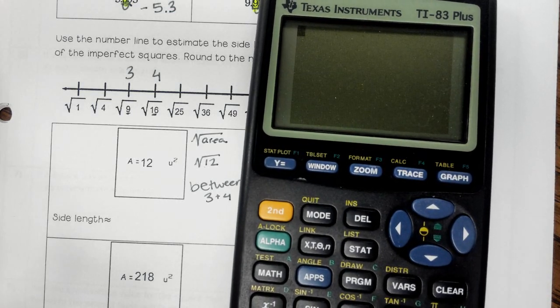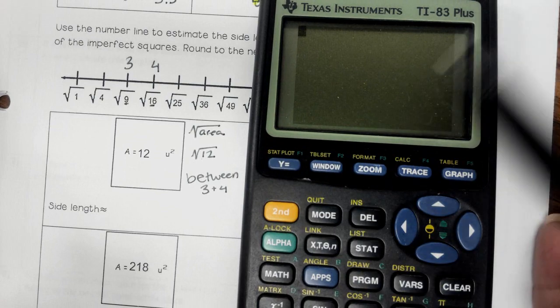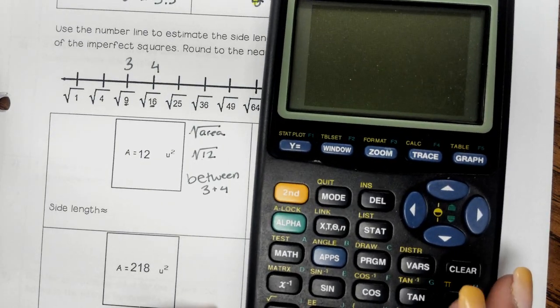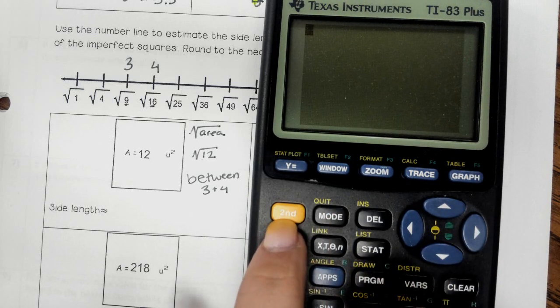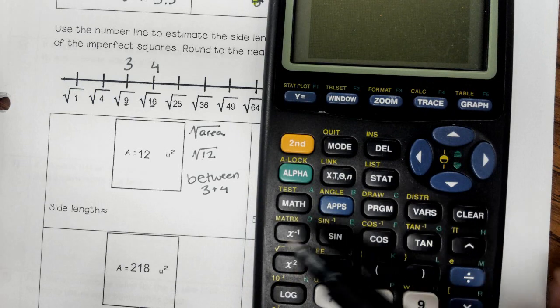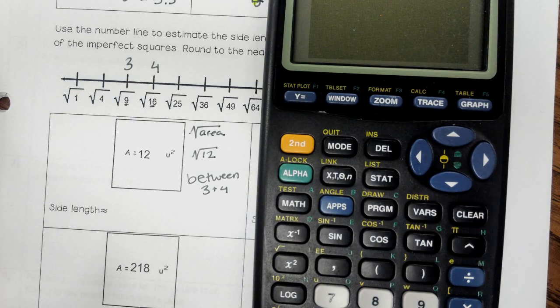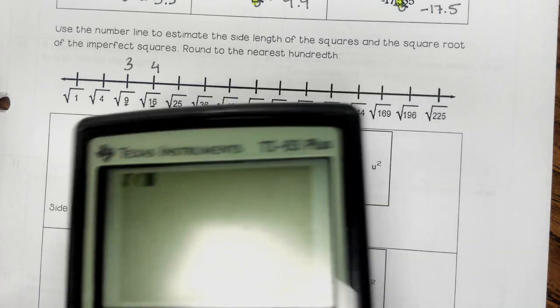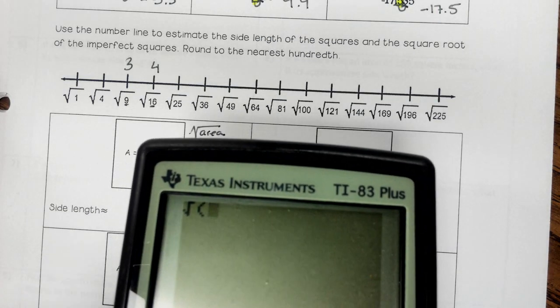The major difference here is that on an 83, the second button is yellow. To type in a square root, you're going to hit the second key, followed by x squared. You'll see that it has a square root symbol right above it. Once you've done that, you get a square root symbol on your calculator.